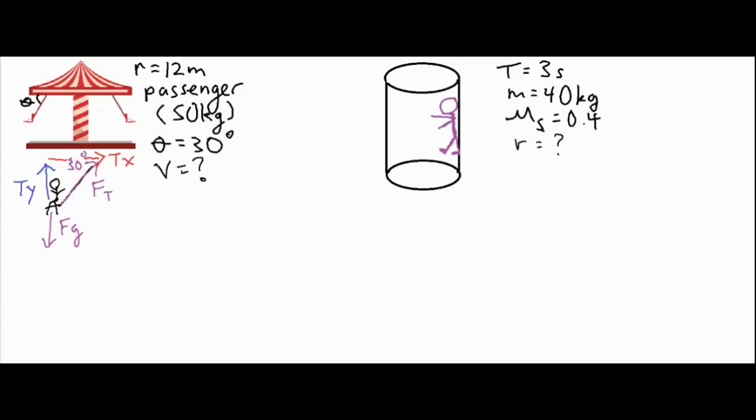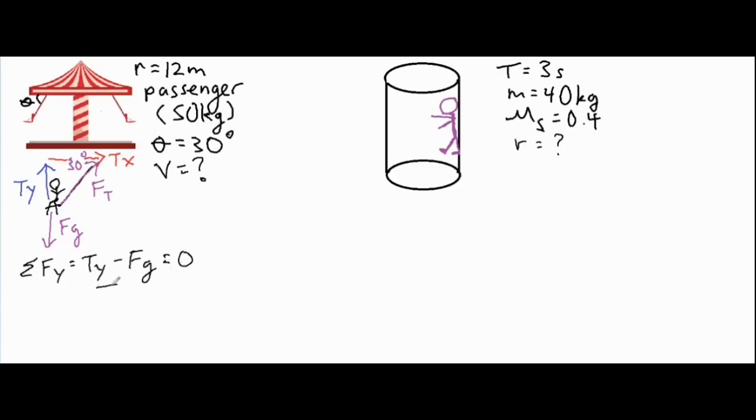Now, if you take a look at each of the forces, you can see that there's only two vertical forces, Ty and Fg. So if you wanted to sum up the forces in the y direction, the sum of the forces in the y direction is Ty minus Fg, and that definitely equals 0 because there's no vertical movement or acceleration.